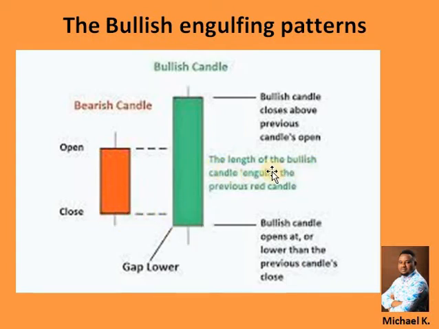The length of the bullish candle engulfs the previous red candle. This is the previous red candle, which is a bearish candle. Thirdly, the bullish candle closes above the previous candle's open. The previous candle's open is this, while the close of the bullish candle is this.